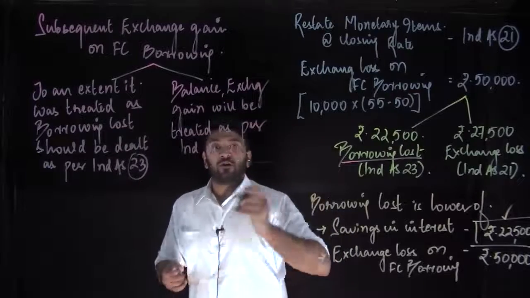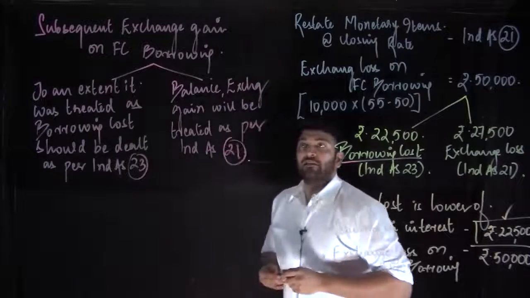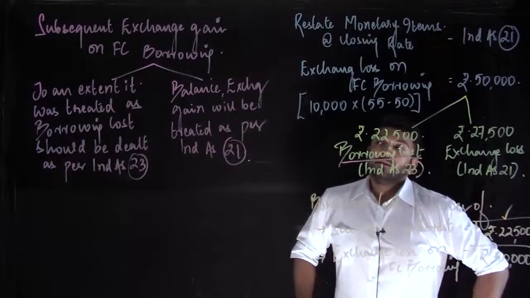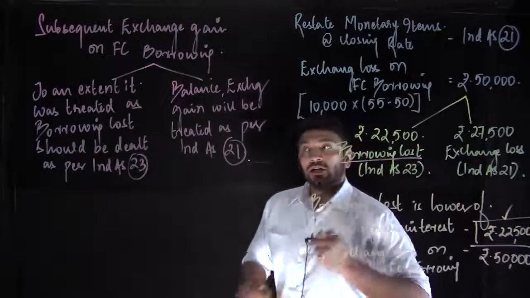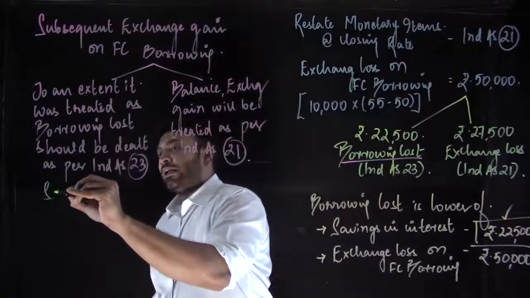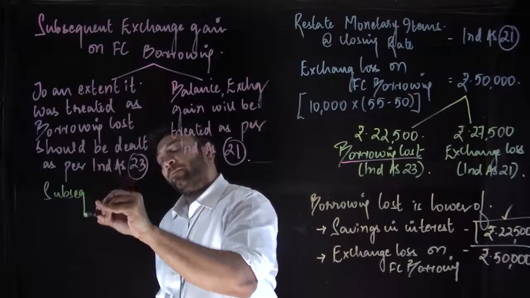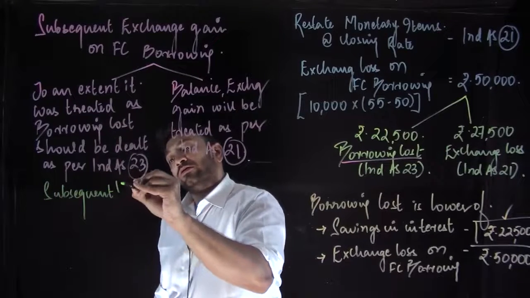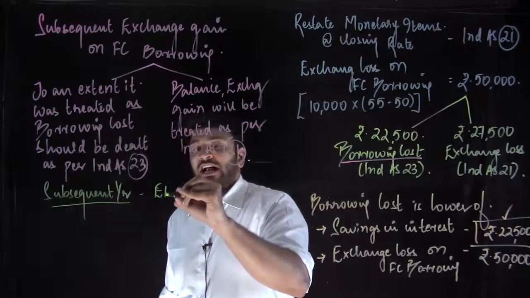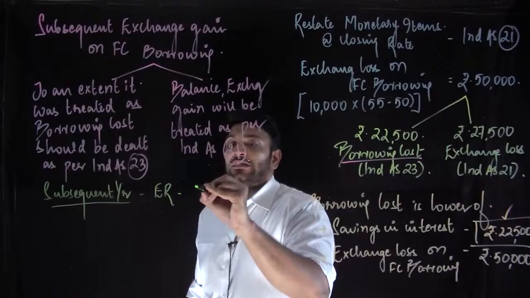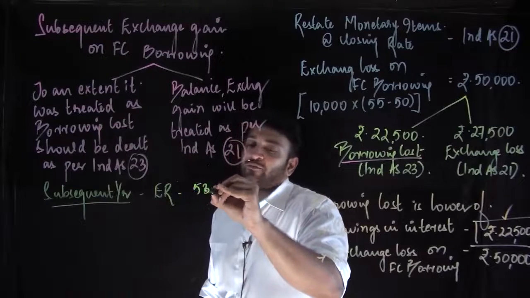Let's see what we're trying to talk about here and what does this even mean. First, suppose, for example, the dollar in the subsequent year, the exchange rate has come down to about 53 rupees per dollar.